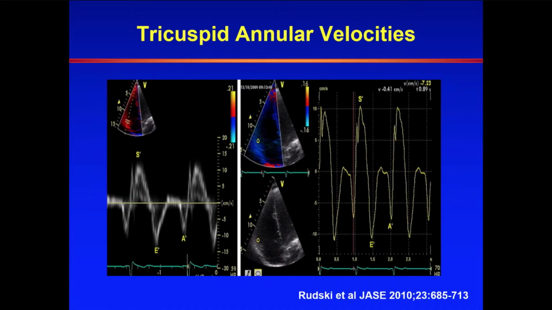As you see, this is post-acquisition analysis, takes longer time. The lower limit of normal here is 6 centimeters per second. On the other hand, the spectral Doppler, pulse wave Doppler for the S prime velocity, the lower limit of normal is 9.5 centimeters per second. All the limitations of TAPSE apply here as well.